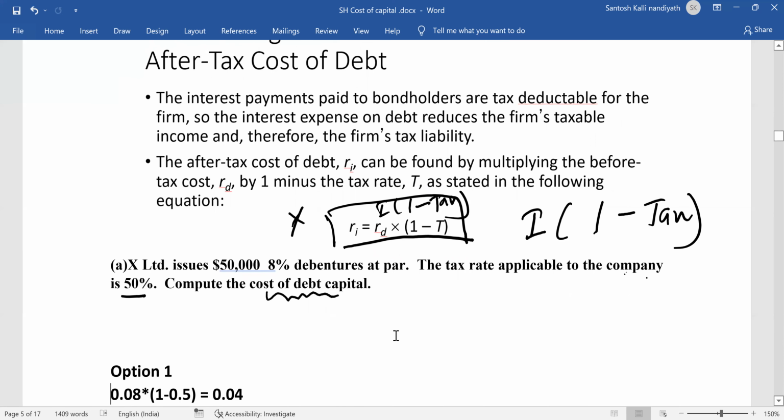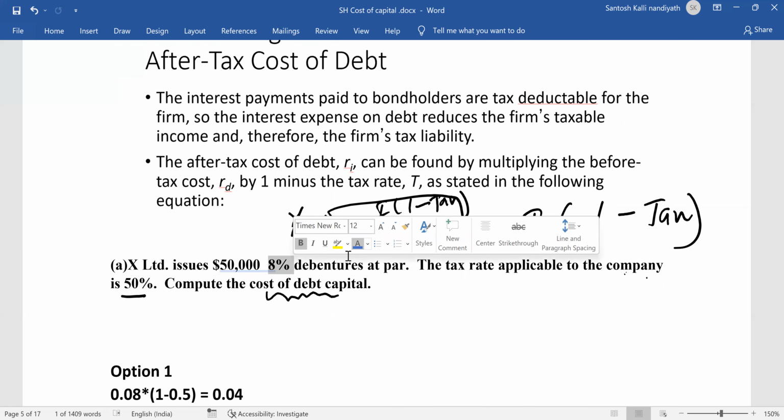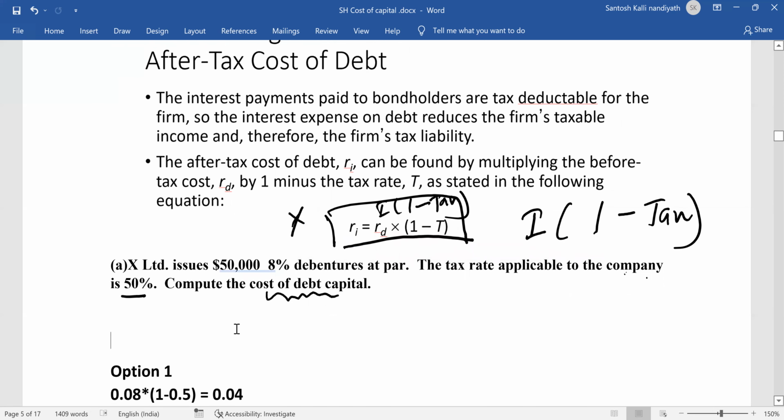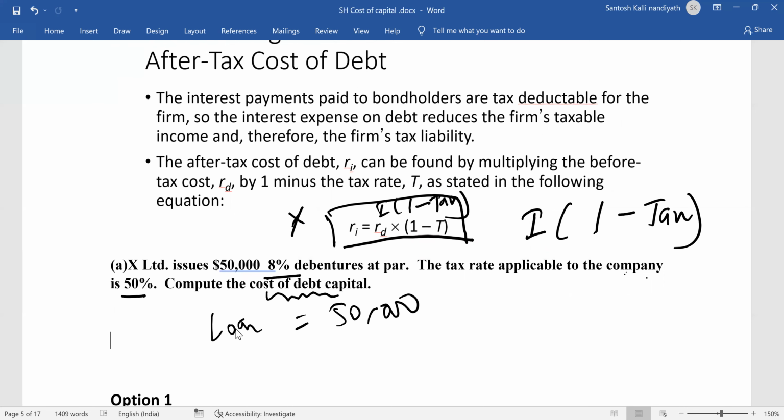See, whenever there is a percentage, what would firstly be the interest? Could you tell me what the interest rate is? Interest is 50,000. No, 50,000 is the total loan amount. See, this percentage is always the interest, so interest is 8%.